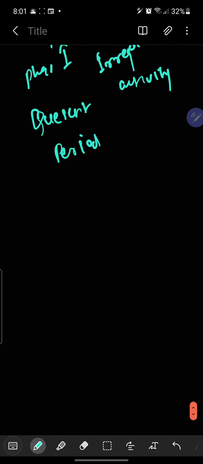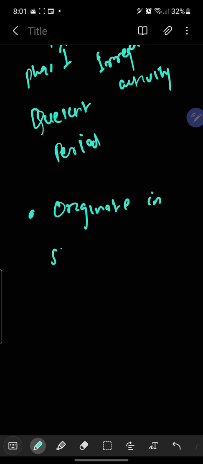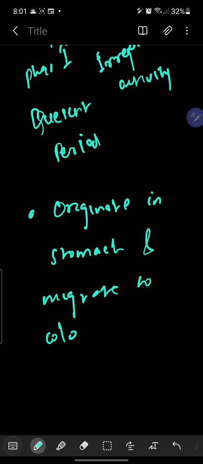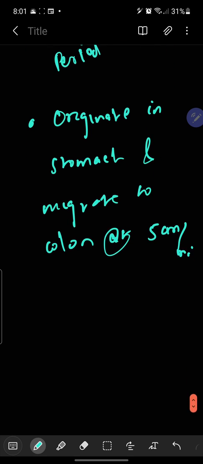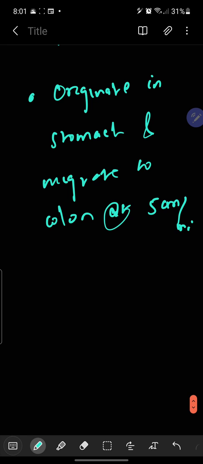This contraction originates in the stomach and migrates to the colon at the rate of 5 centimeter per minute.